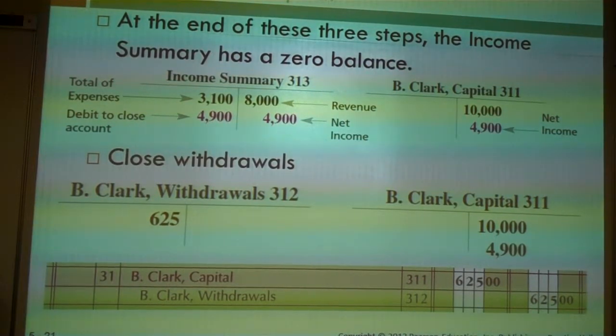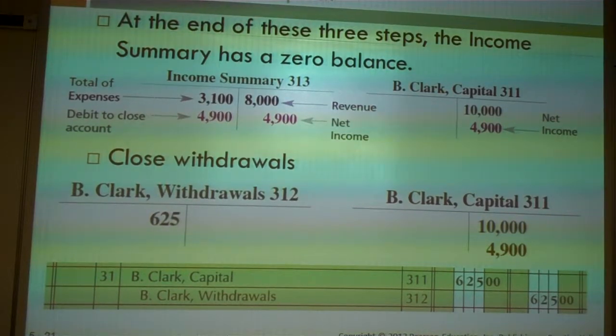Right? So we have 4 closing entries. If you want to write those down so you remember them, it will help you with doing the homework. The first one is to close revenue. The second one is to close expenses. The third one is to close income summary.